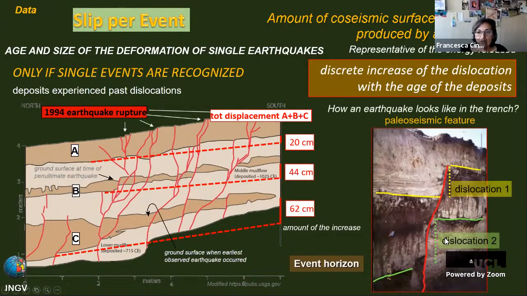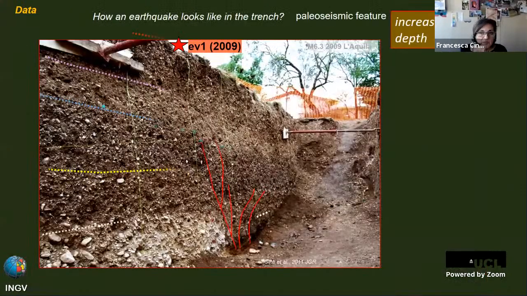So how does an earthquake look in the trench? These are the palaeoseismic features, and this is one of these: a discrete increase of the dislocation with the age of the deposits. But I will show you some others. For example, this is an example of a trench in L'Aquila in 2009.